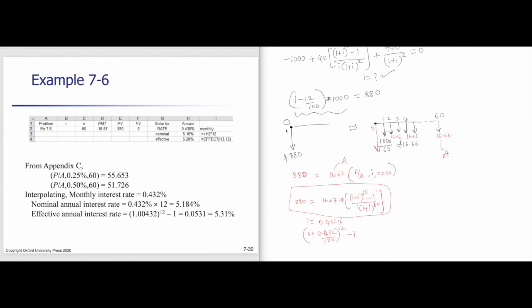So if you remember, this is the first question I gave in the midterm 1, how to convert a monthly interest rate to annual interest rate, is we have to use this formula. And then we get 5.18%.